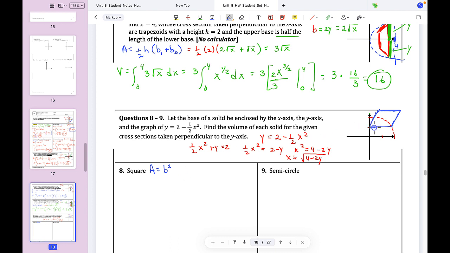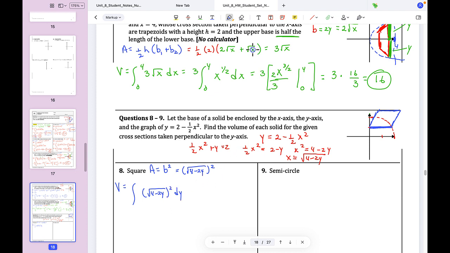The base of this square is the x distance, the opposite of what the other one was. So this is going to be the square root of 4 minus 2y, squared. So our volume, we're going to integrate the square root of 4 minus 2y squared dy.